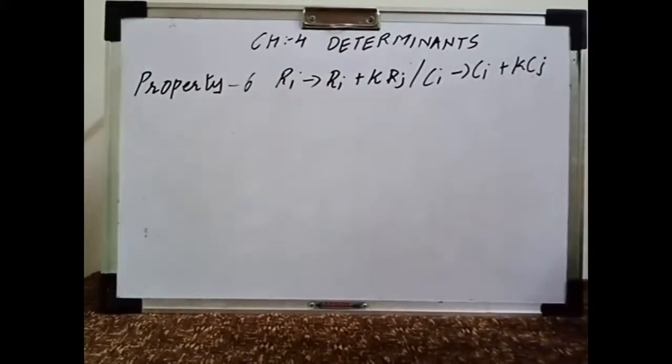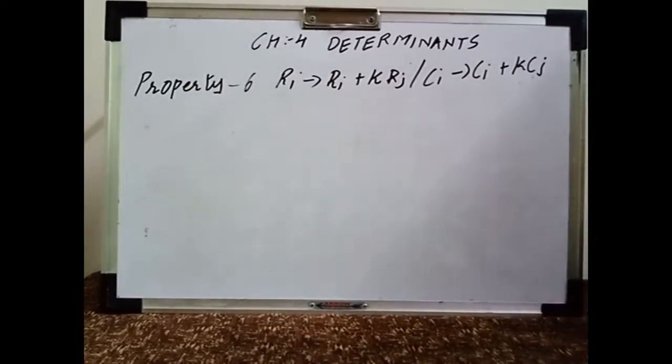Let's understand the sixth property, and the last. This is the last one, very important, and this will be used most of the time to solve a complex determinant into a simple one.